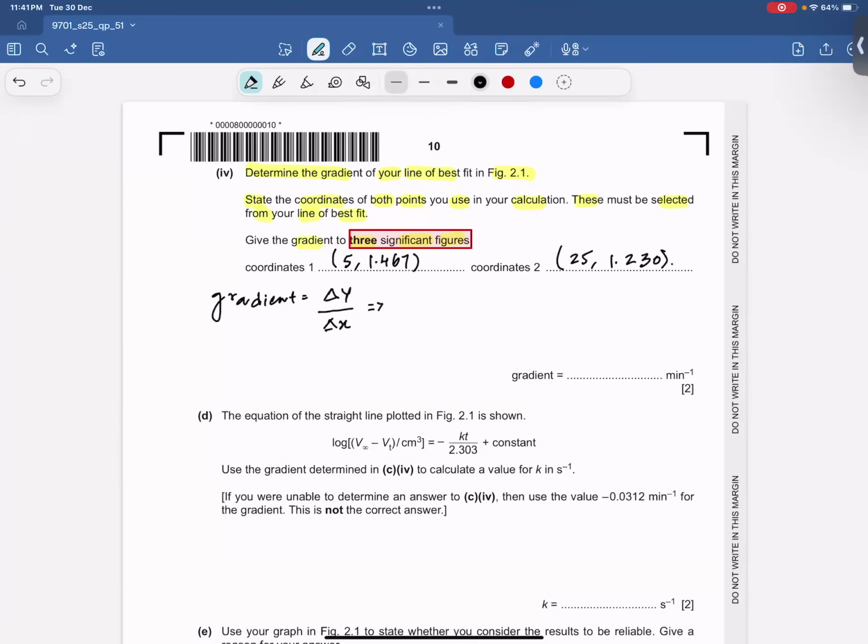So it's 25 minus 5 divided by 1.467 minus 1.230. I hope it makes sense to you. So it's basically 20 divided by, hold on, 1.467 minus 1.230, 0.237.